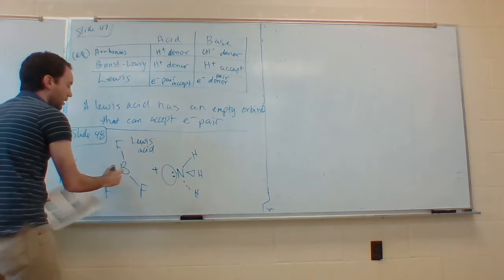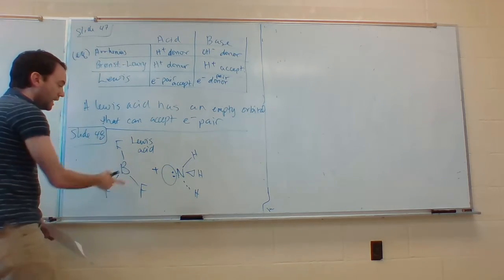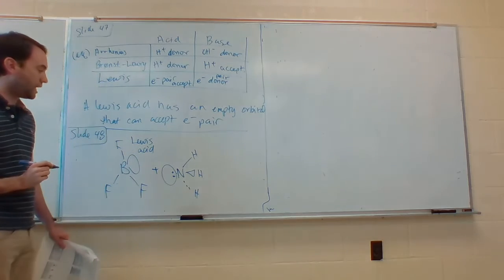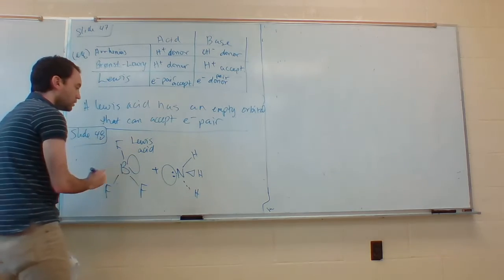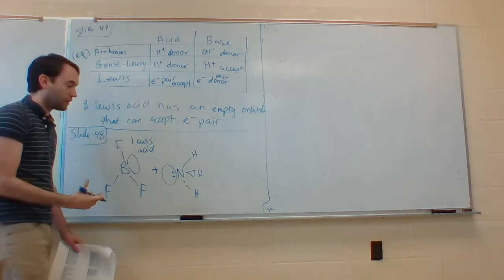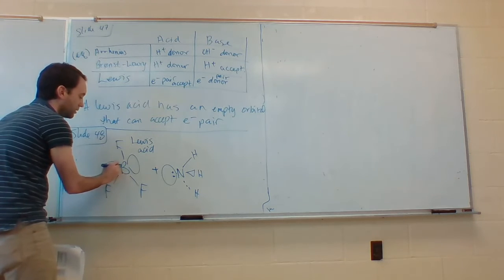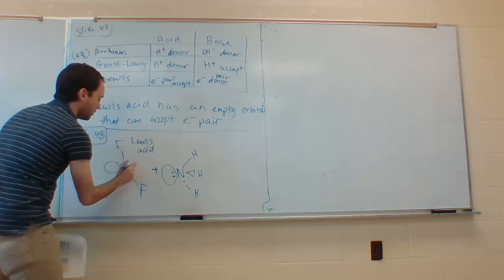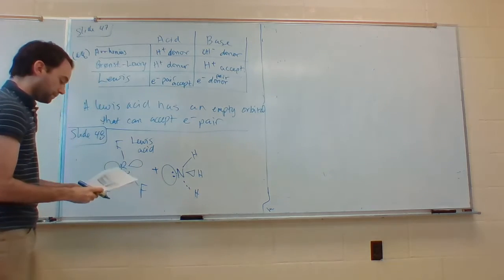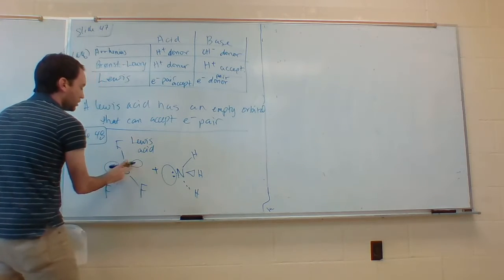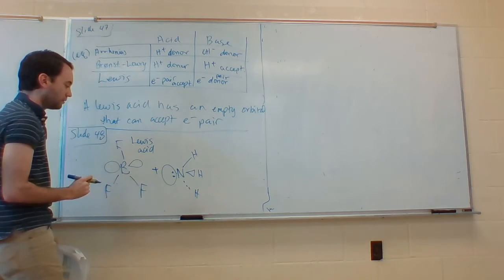When this comes in, the boron has room for 2 extra electrons. So this can donate into that empty orbital, and this happens to be a p orbital. It can donate 2 electrons into that p orbital.